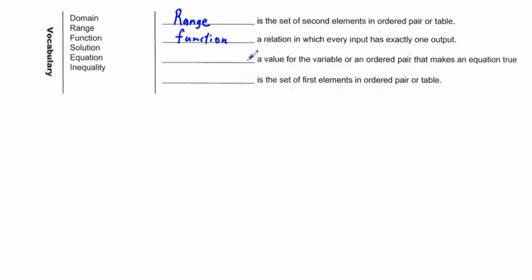Next, blank, a value for a variable in an ordered pair that makes an equation true. Well, we tried to find that in the first problem, but we didn't find it, so the answer to that one was no solution. But if we had a solution, it would just be a solution. Blank is a set of first elements in an ordered pair or table. Well, that's going to be the domain. Okay, next.